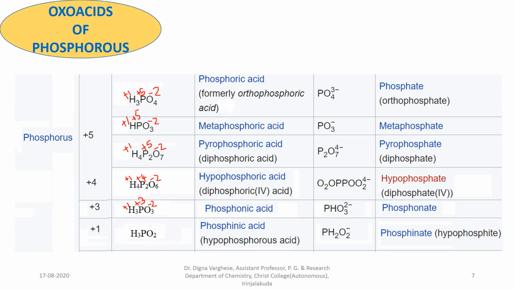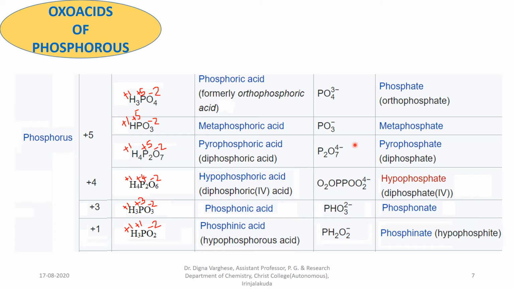Phosphonic acid is also known as phosphorous acid. Phosphinic acid is also known as hypophosphorous acid. In this, oxygen is in the -2 oxidation state and hydrogen is +1. Therefore, phosphorus is in the +1 oxidation state.